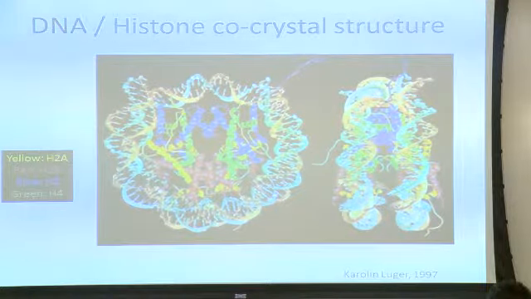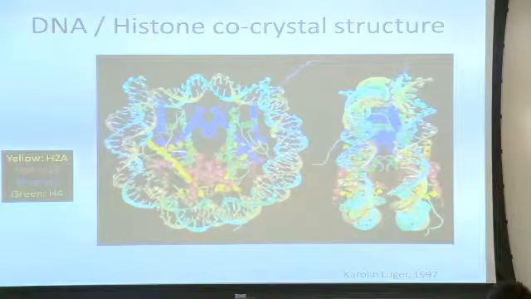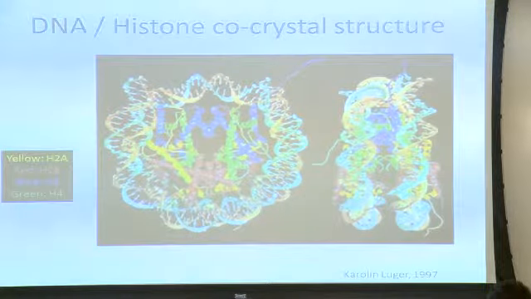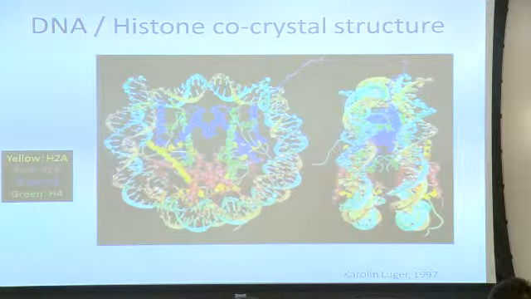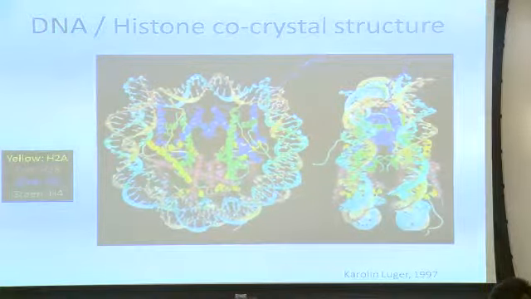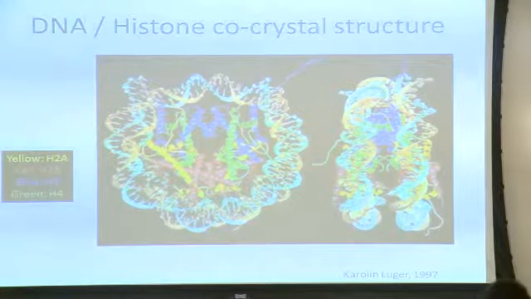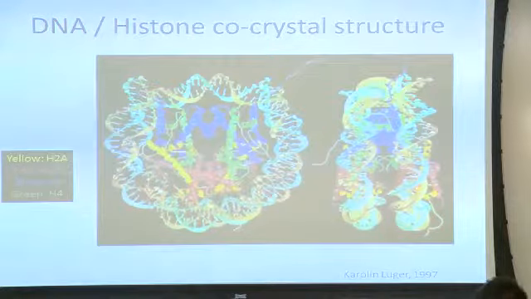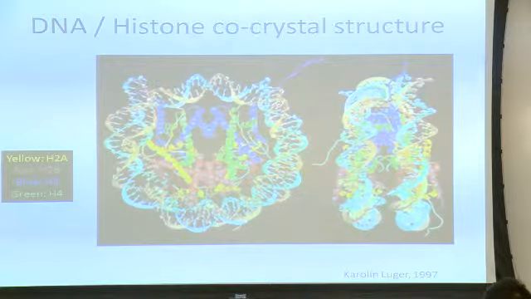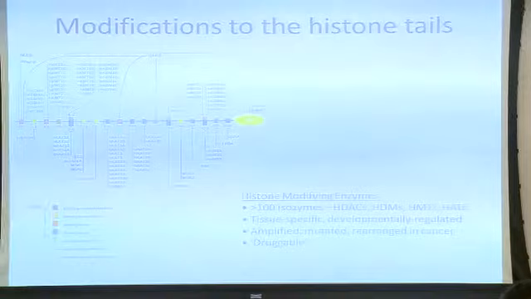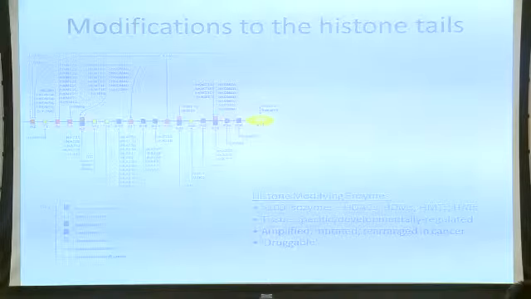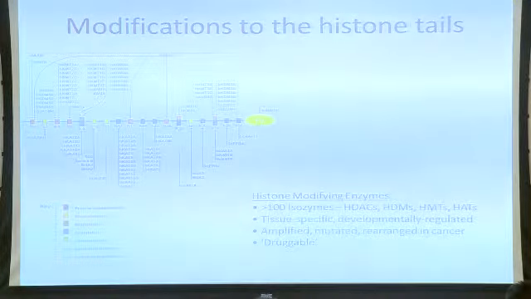It showed that these tails are relatively exposed. It gave some insight into why the post-translational modifications of these proteins are so important to the regulation of function of these proteins. So the tails of histones are extensively modified post-translationally.